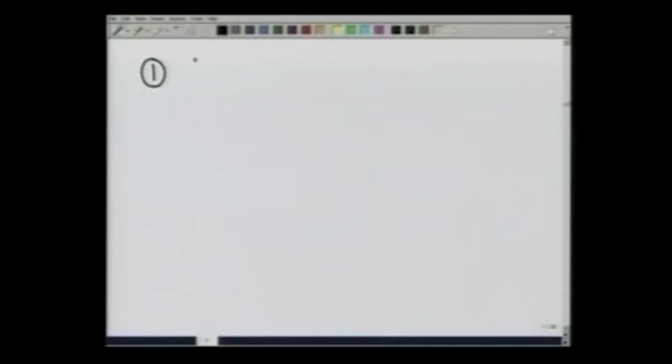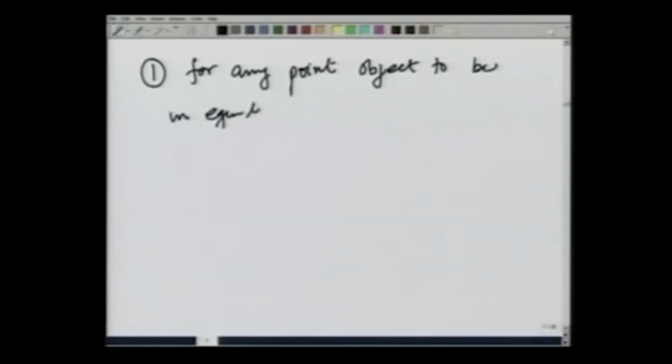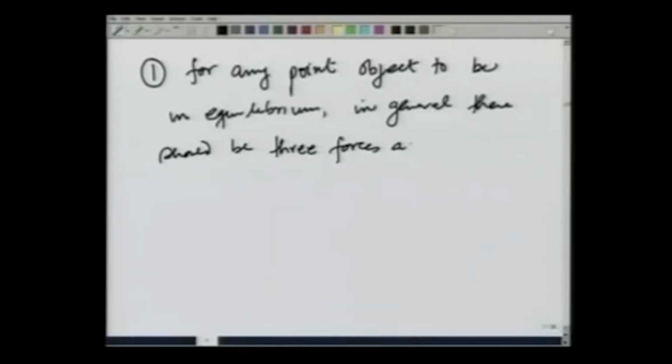Now, to motivate the trusses, I note 2 points. Number 1, for any point object to be in equilibrium, in general there should be a minimum of 3 forces acting on it.